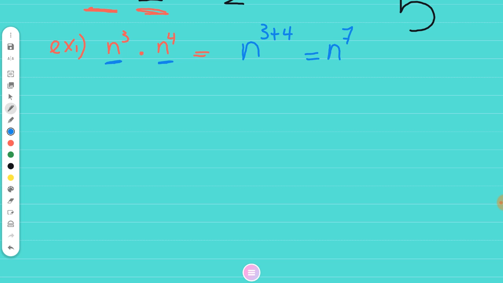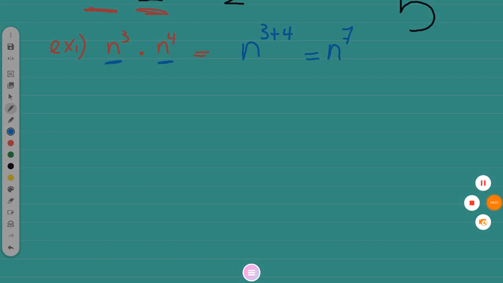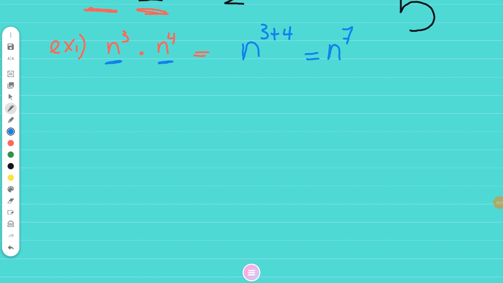What about if we make a division? Okay, in multiplication we make addition. What about the division? The division we will make subtract. Like what?